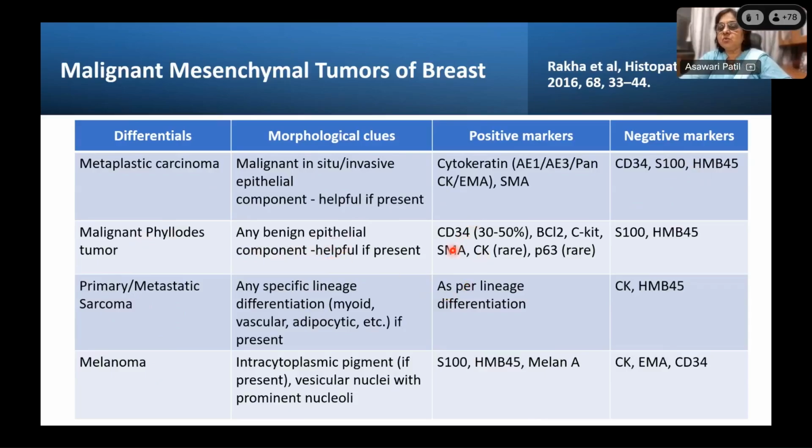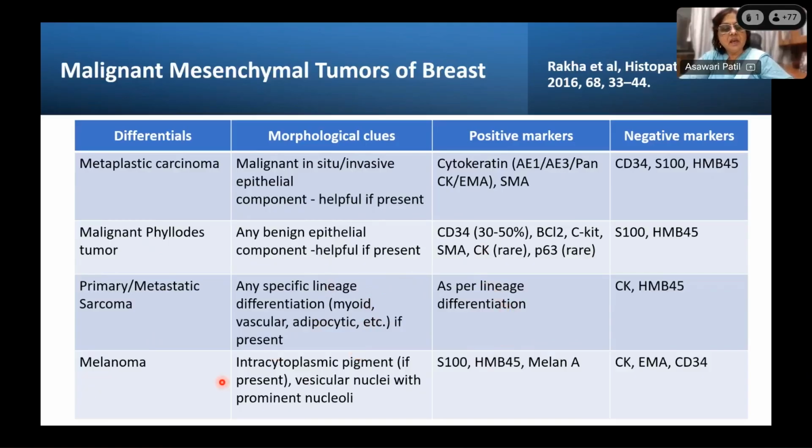For phyllodes, the stromal cells, the tumor cells, can be positive for markers like CD34 and BCL2. It can be positive for TRPS1 also, and rarely for cytokeratins. If it is negative for everything and you have clear-cut features of primary sarcoma, like leiomyosarcoma, or more commonly angiosarcoma, then you do other markers as per the lineage, like ERG for angiosarcoma.